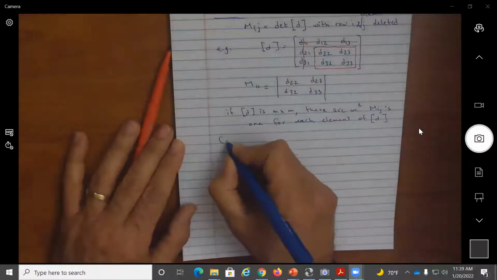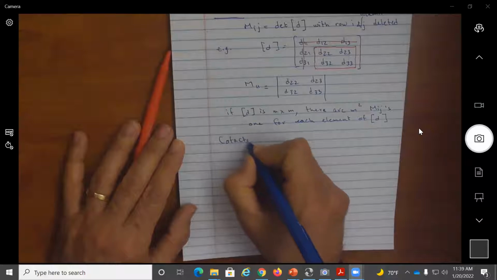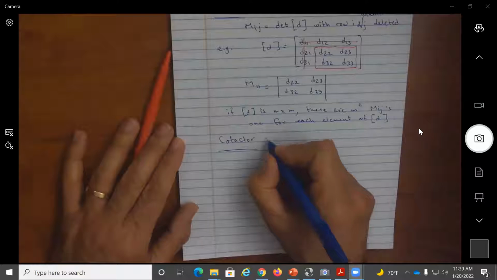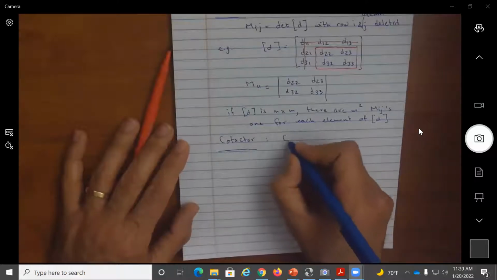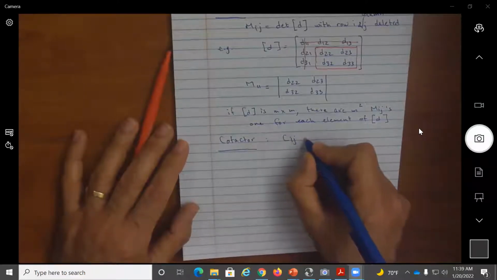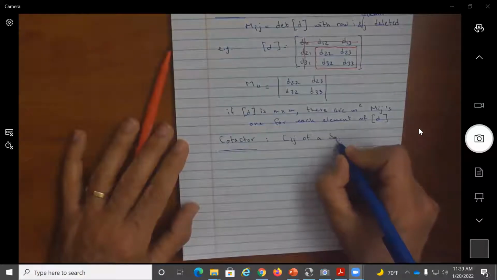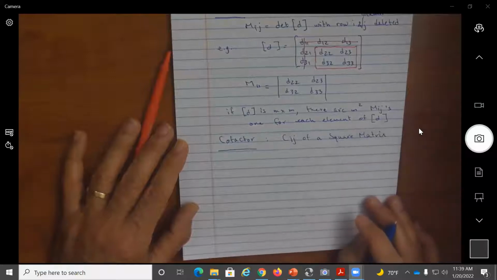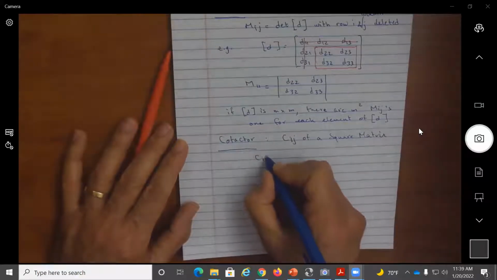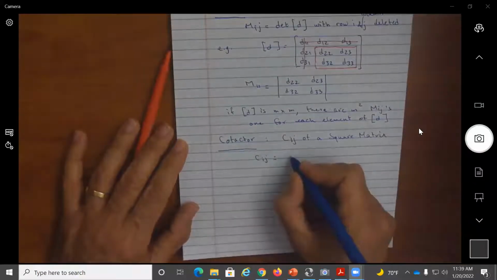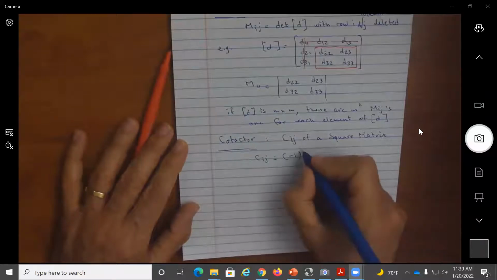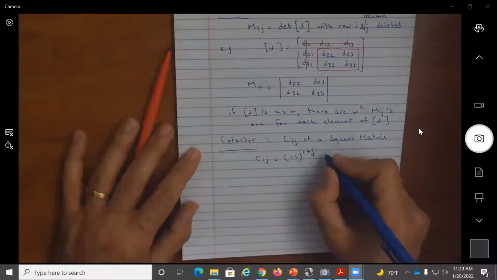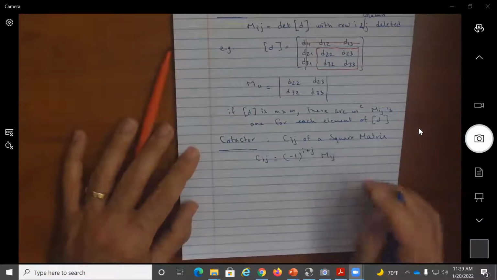Now we can go and define the cofactor. For the cofactor, I'm going to use Cij of a square matrix. And I can say that Cij is equal to -1 raised to the power i plus j multiplied by Mij, the minor.